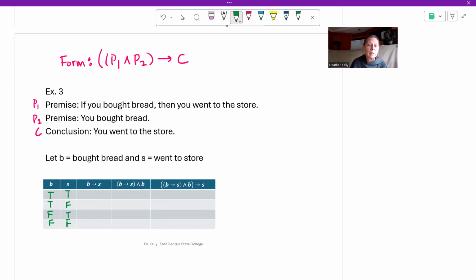Okay, and then let's figure out what our first premise is. If you bought bread, then you went to the store. So let's let B equal bought bread, and let's let S equal went to store.